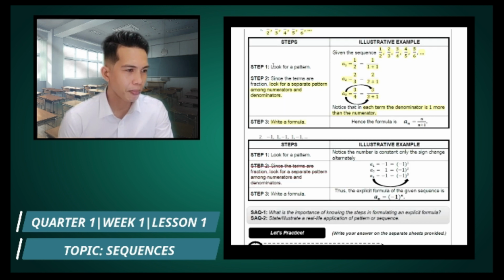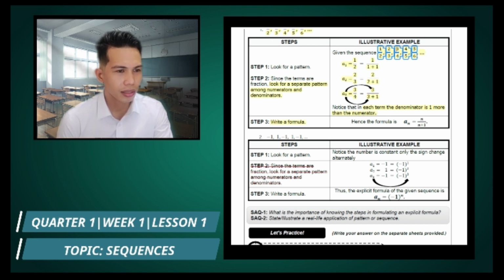So for step number 1, look for a pattern. So given the sequence, since the terms are fractions, look for a separate pattern among numerators and denominators. So in other words, we are going to focus on the numerator and denominator separately.